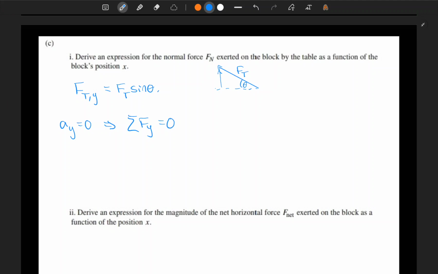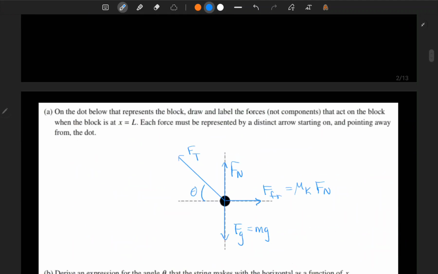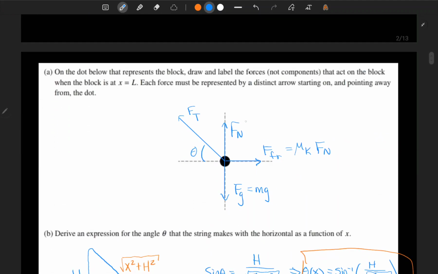Well, here we have three forces acting in the y direction. Firstly, we have Fn, the normal force. Then we have the y component of the tension, so plus Ft sine theta. And these both point up, as we can see in this diagram here.